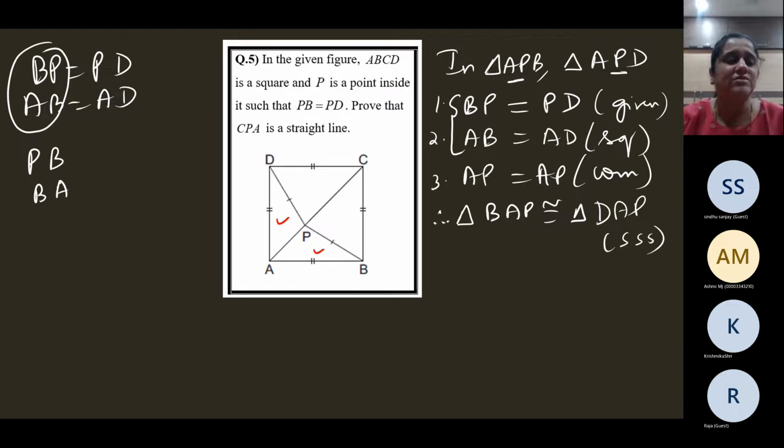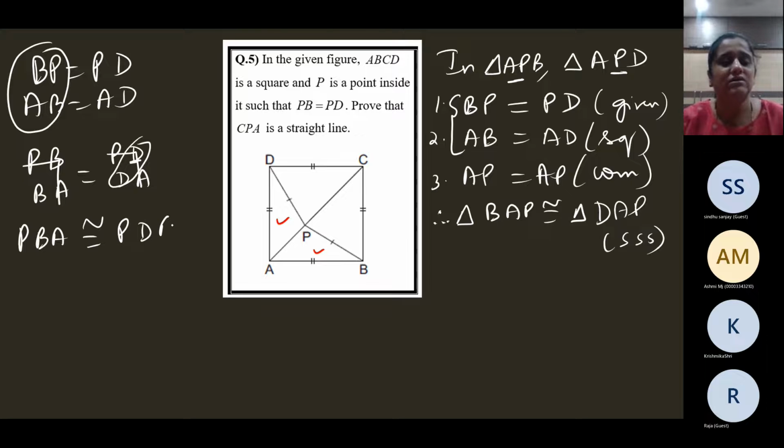I've told you this many times. So it is PBA is equal to, here the common letter is D. So PD, DA, let it end with D. This is the common letter. See here, like this it should be the common letter. PDA. So triangle PBA congruent to triangle PDA.